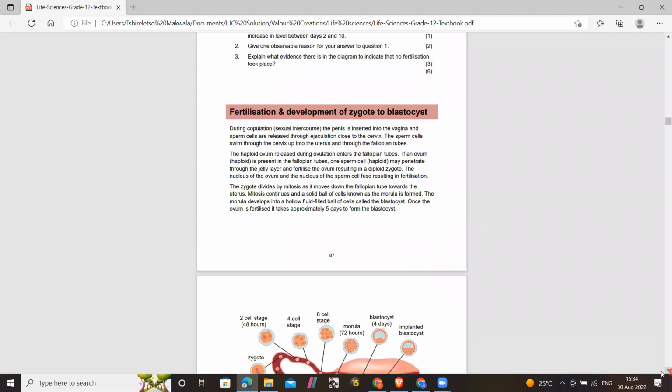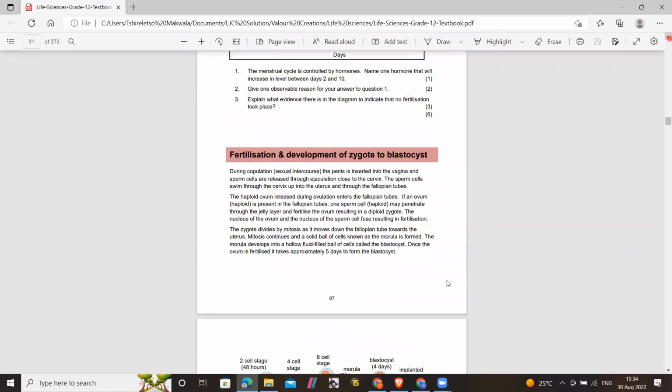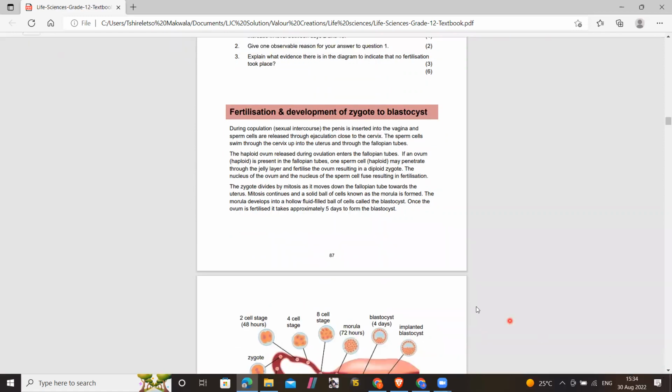Then fertilization and development of the zygote to blastocyte. Firstly, you know that during intercourse, okay, I won't explain what happens in intercourse because you know what happens. I'll just explain what happens in fertilization.